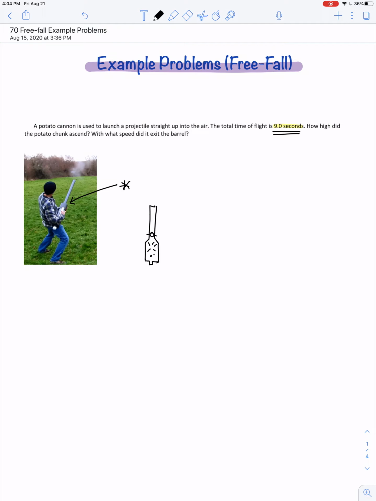And the explosion goes off in the ignition chamber of the cannon, and the little chunk of potato flies out of the barrel, travels up into the air, rises and comes back down. We have two questions: 1, what's the initial velocity with which it came out of the barrel? And 2, how high did it rise?